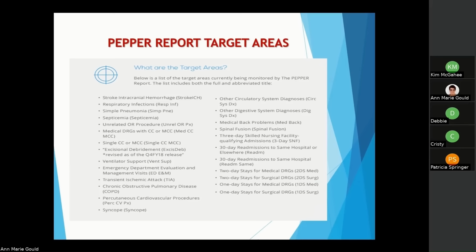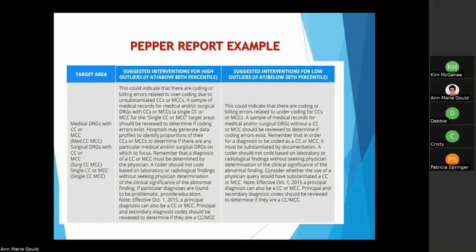And for the 3-day SNF rule, they have to stay in the hospital 3 days before Medicare recipients can transfer to a SNF for rehab. I thought it was just helpful to know what PEPA reports are from a CDI point of view.